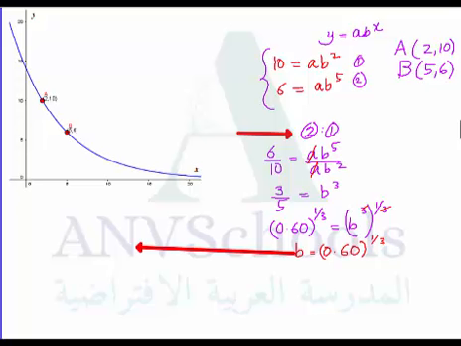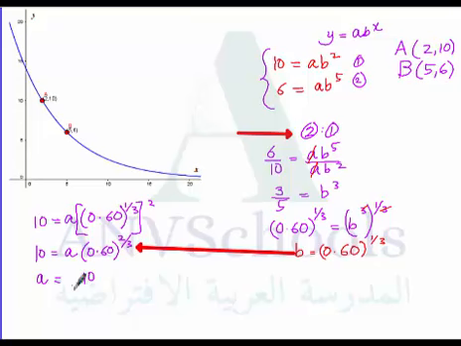So let's choose number 1. For number 1, we have 10 is equal to a, and our b is 0.60 raised to 1/3, and then it is raised to square. This will give us 10 is equal to a times 0.60 raised to 2/3, right? So our a then is equal to 10 divided by 0.60 raised to 2/3.